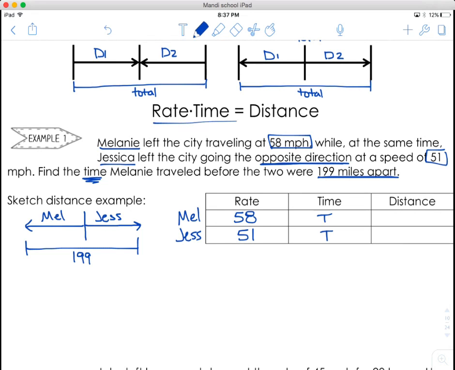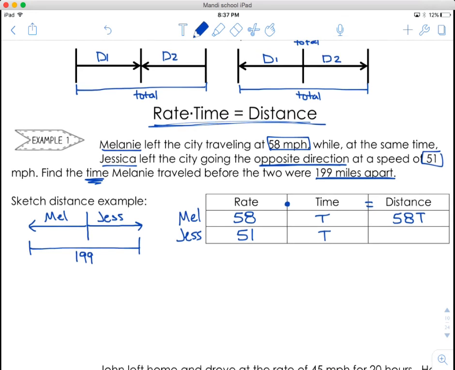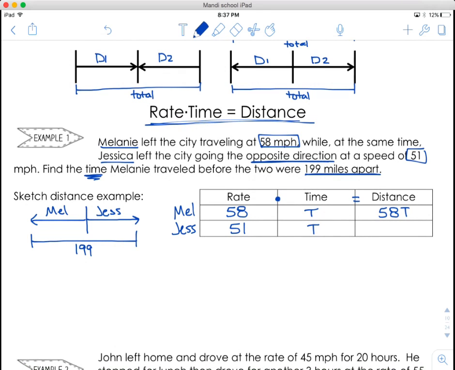So if we look at this title right up here, it says rate times time equals distance. So if I take 58 times t, I get my distance. And for Jessica, I would take 51 times t to get my distance.